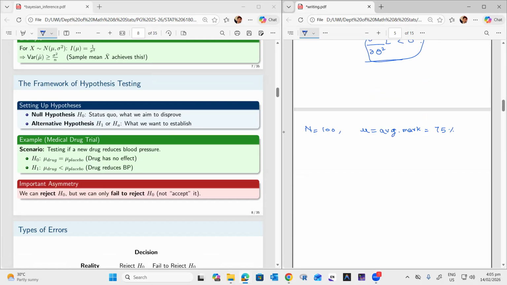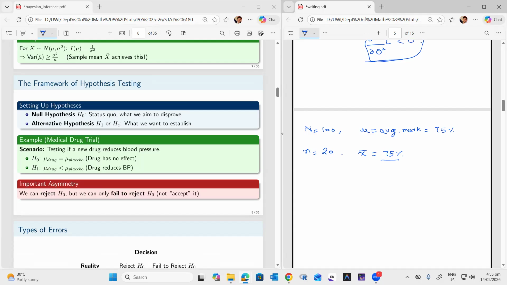Suppose I take a sample of 20 students and find the average mean of the students. Is it necessary that the estimate I get should be 75%? Is it possible? Most likely it is not possible that I will get exactly 75%. It will be surrounding 75%.